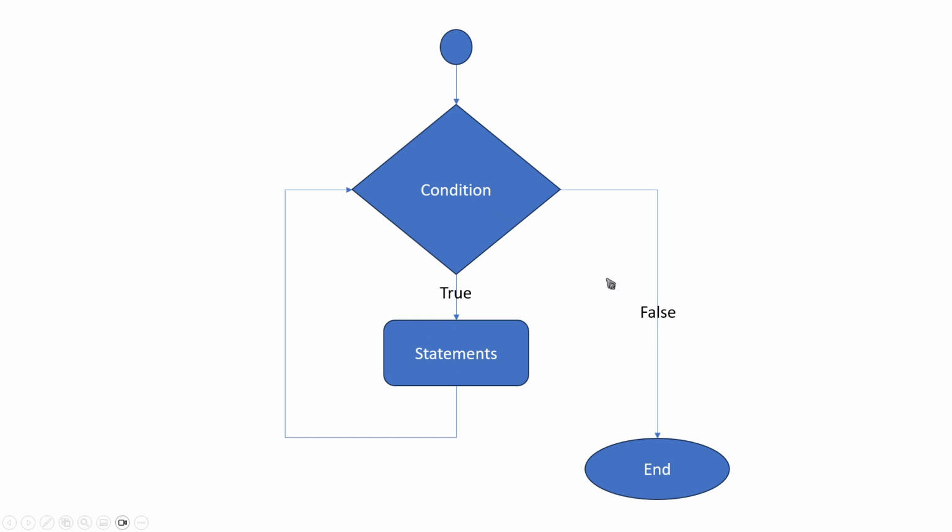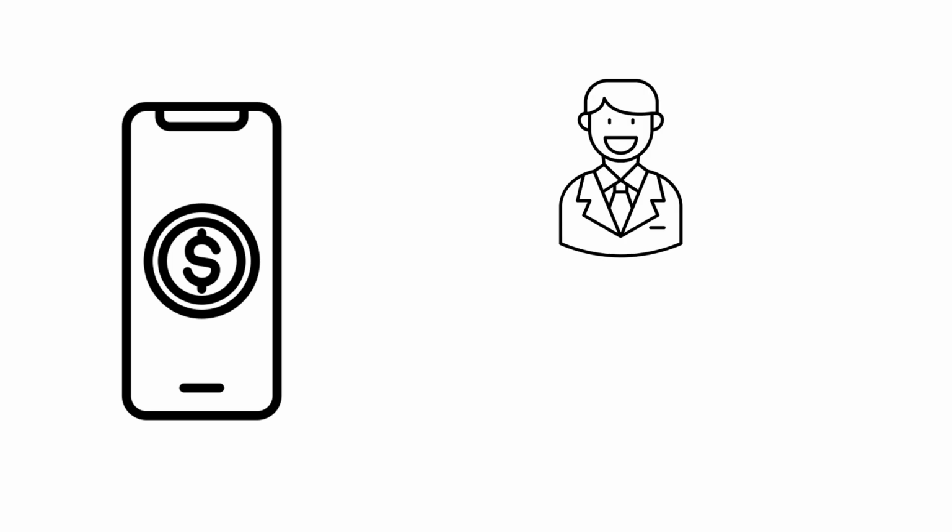Okay, so let me try and show you how to use a while loop with an example. So we have our banking app again, and our manager pops up. There he is, and he says, "Hey, that app you made in the last video was great, but we'd like to extend it now.